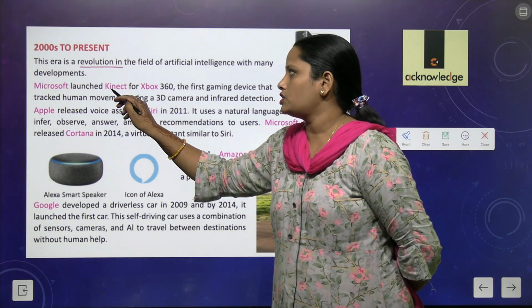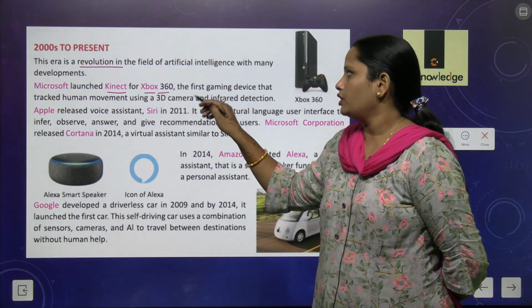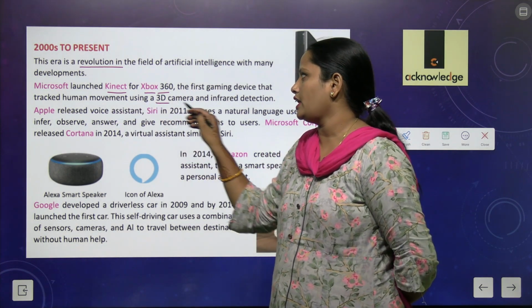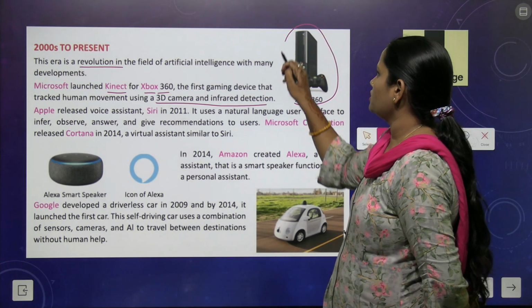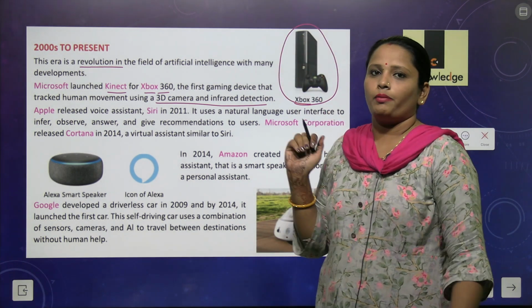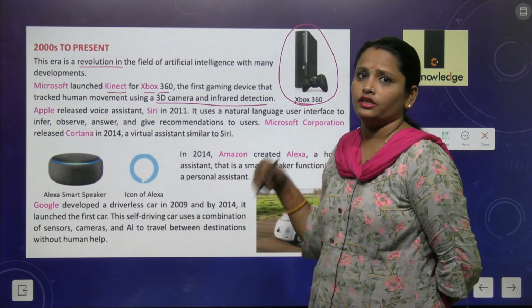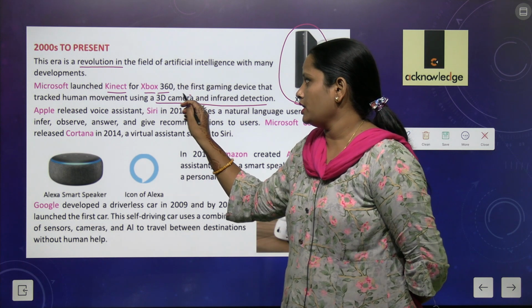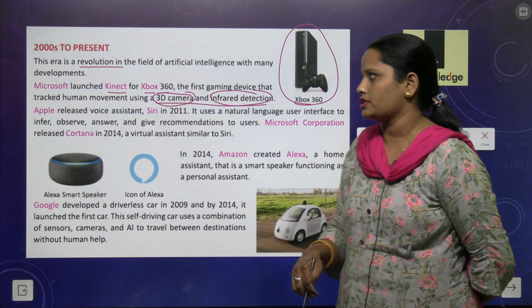Microsoft launched Kinect for Xbox 360, the first gaming device that tracked human movements using a 3D camera and infrared detection. So this is Xbox 360, which was used for playing games, and it can track where the human is moving by using its 3D camera and also the infrared detection.